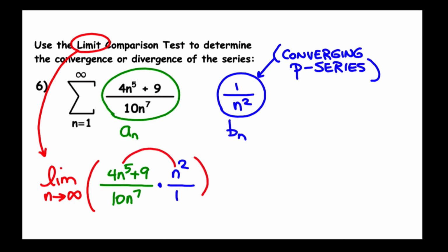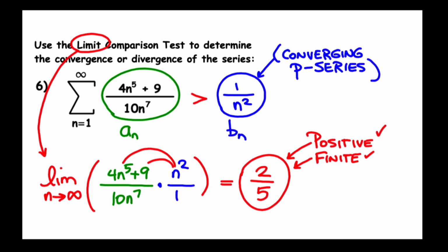I think you can see that if you do distributive property there, you're going to end up with 4n to the 7th plus 9n squared. If you head towards infinity with the n, this limit is going to become 4/10 or 2/5. And 2/5 is positive and finite.